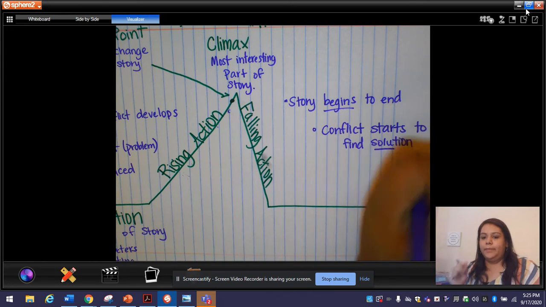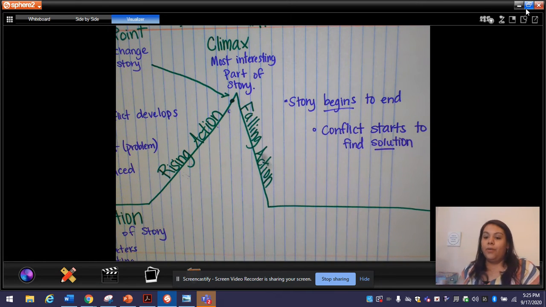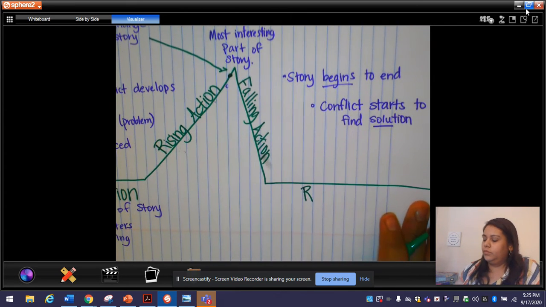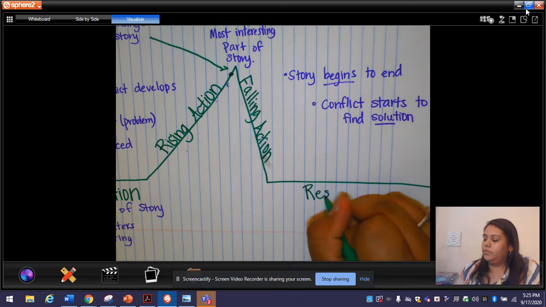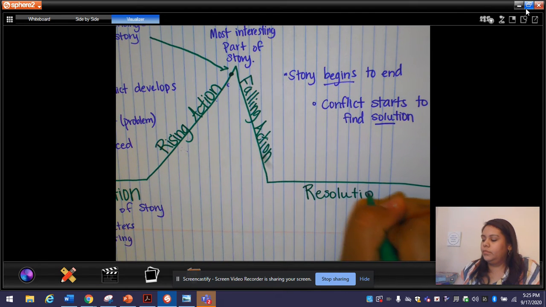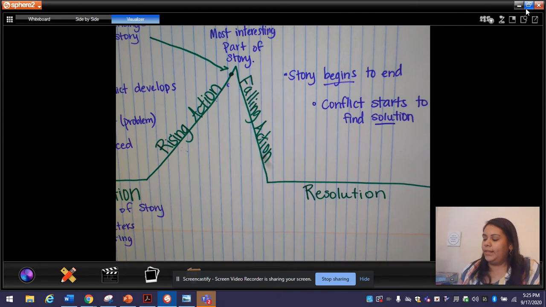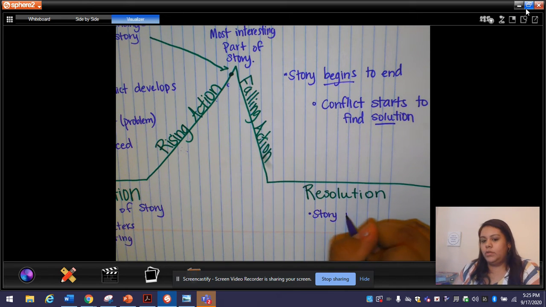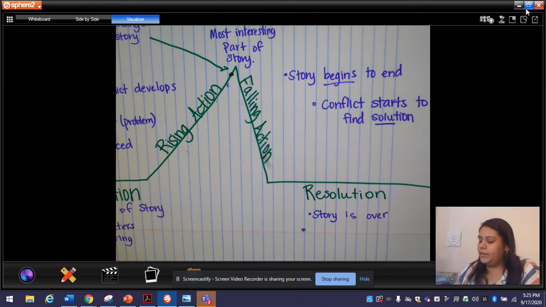And that solution would become our resolution. And at this part, done, the story is over, it's finished. The story is over. And conflict usually resolved, not all the time.